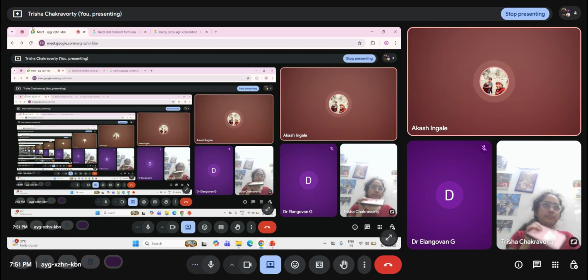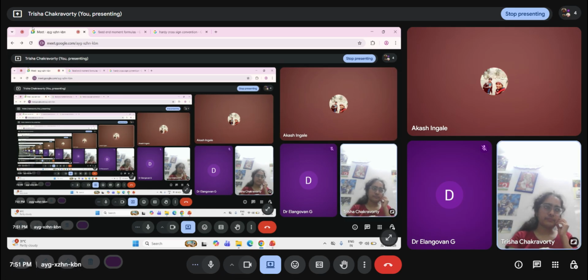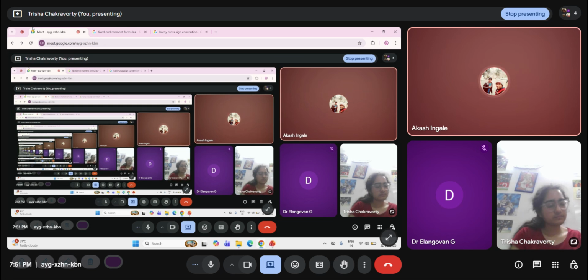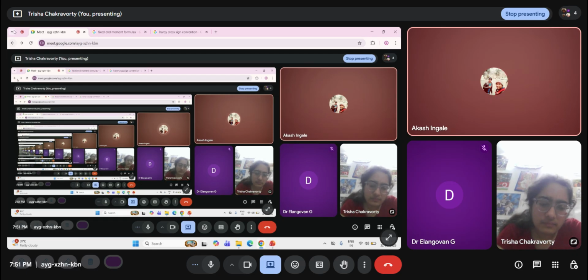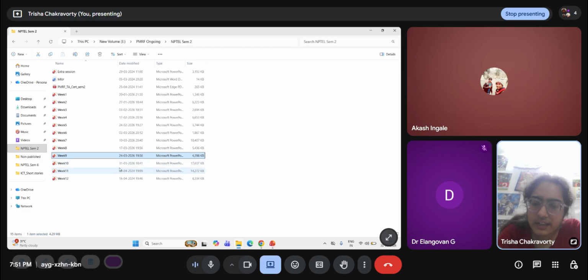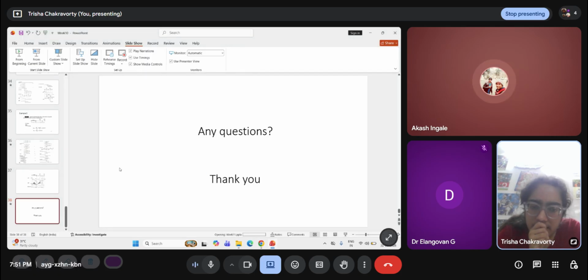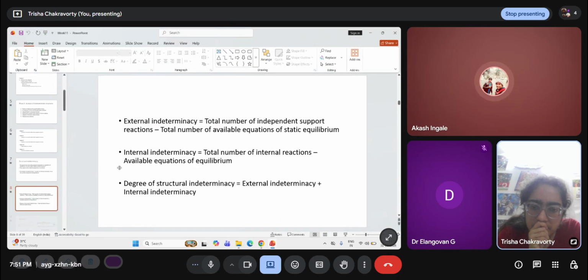Both moments, both MA and MB, minus WL by 8 when the load is concentrated at the center, and when the load is a UDL, minus WL square by 12 as the moment at A and minus WL square by 12 at B. I think one should be positive, one should be negative. Let me see. No, both signs are negative.